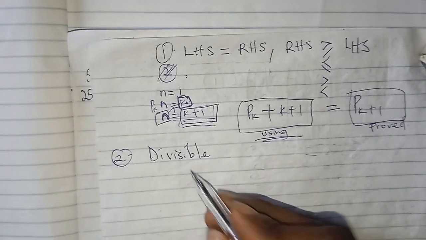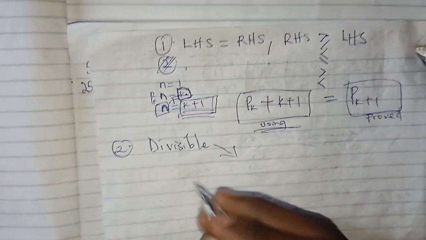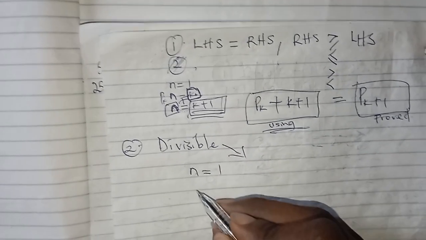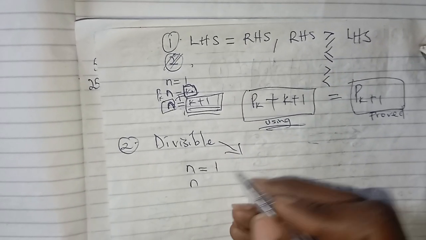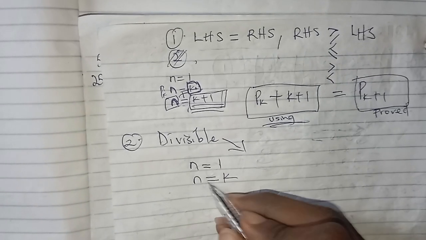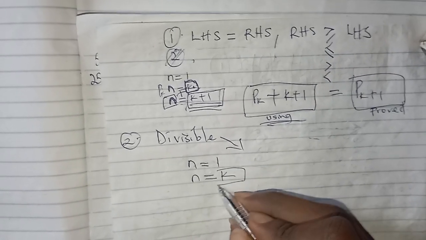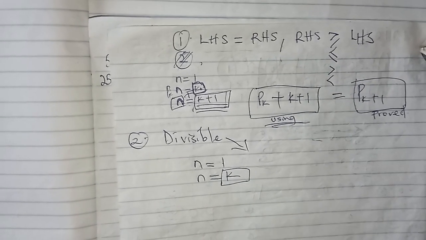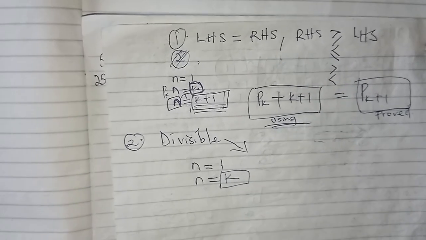For induction divisibility, once it's induction, you first do n equals 1 to check your basic step. If it's not working, you do n equals 2. Then you do n equals k. The minute you get n equals k, this value you have here is P of k.